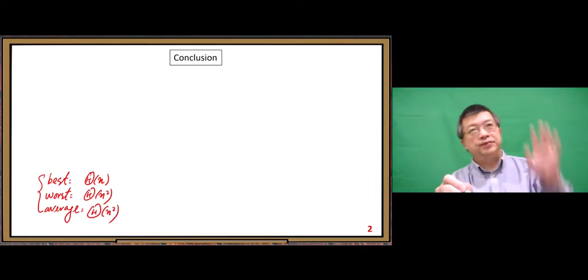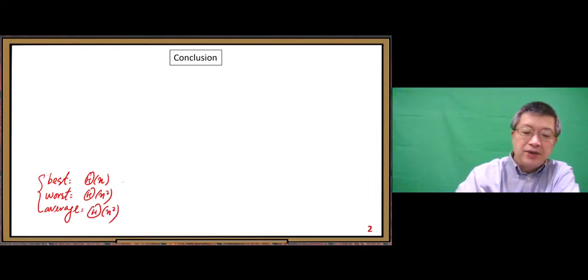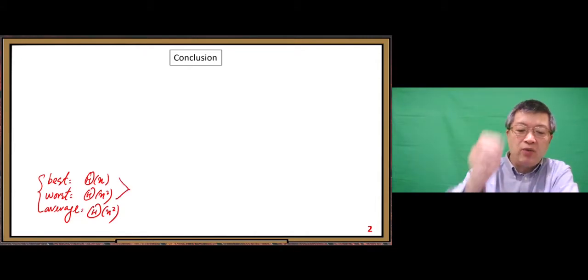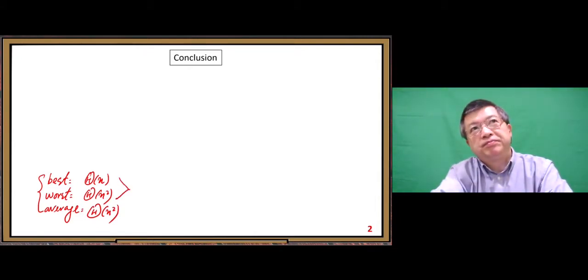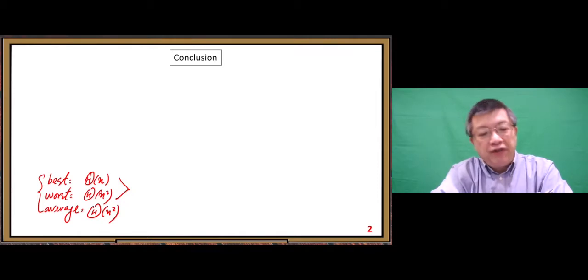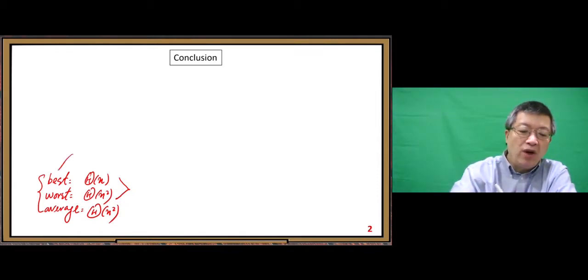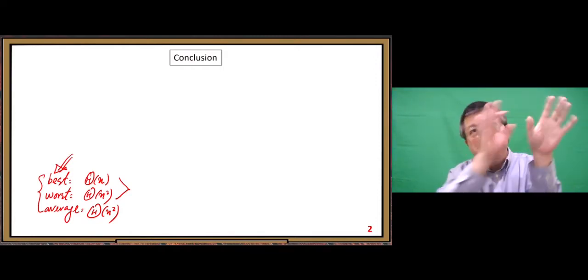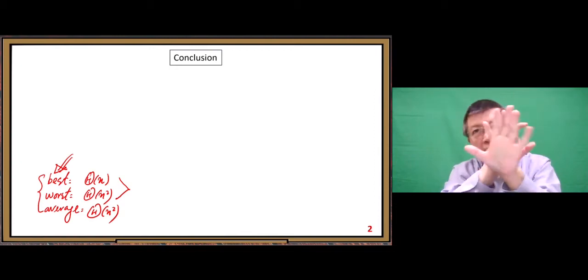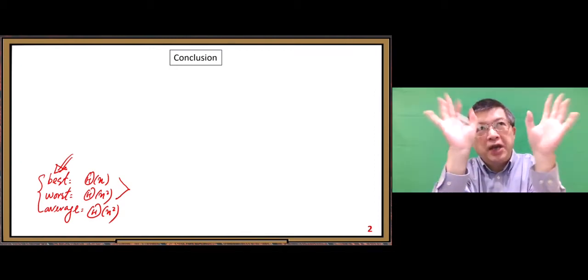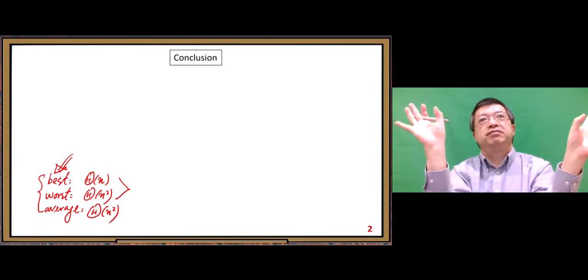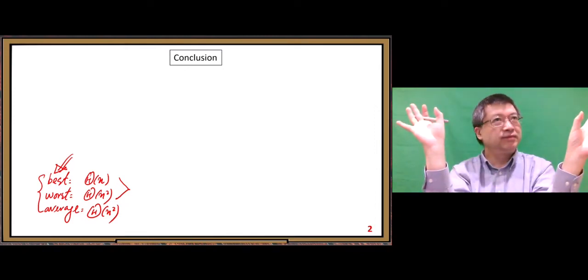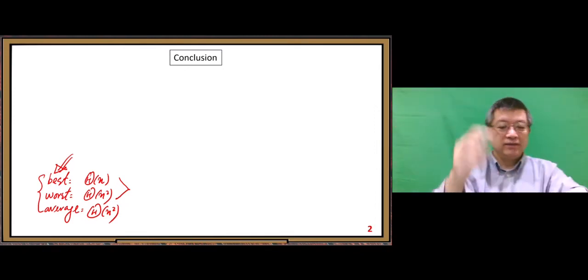Now, I'd like you to compare the best case and the worst case. First, I want to ask you, under what situation does the best case occur? For what kind of data can you imagine the best case occurs? Can you see that?